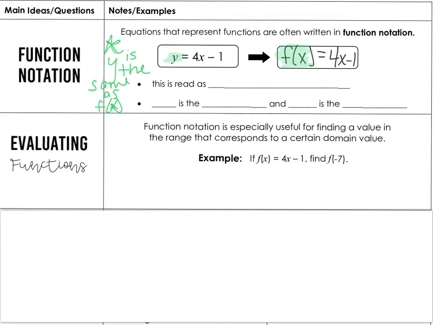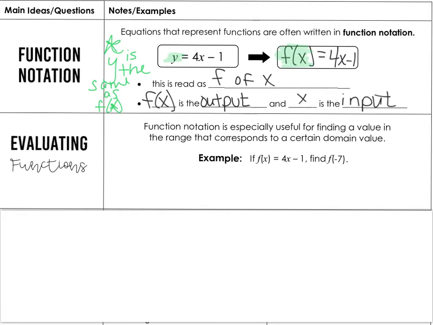So I sort of already gave it away, but it is read as f of x. It's almost like the parenthesis stands for the word x, okay? And f of x is the output. It's what comes out. It's the answers. And x is the input.